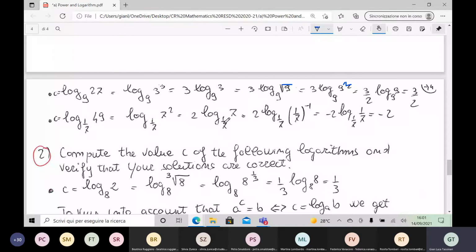Oh, they are back. No, they will do it easily. So now minus 1 is the exponent of the argument, put it in front of the logarithm, so minus 1 times 2 is minus 2. Then logarithm with basis 1 over 7 of 1 over 7 is 1, so minus 2 times 1 is minus 2.